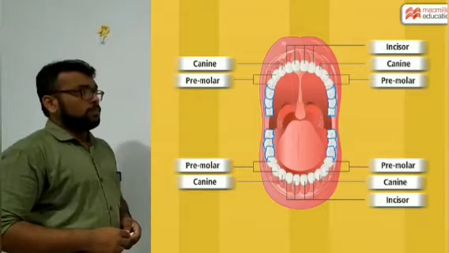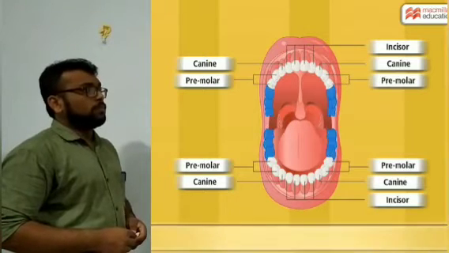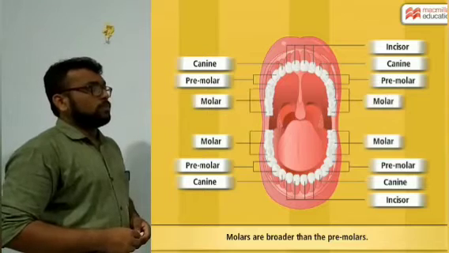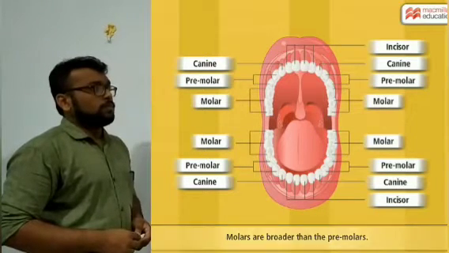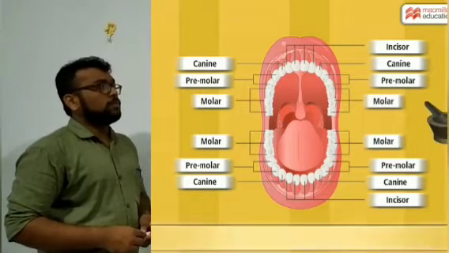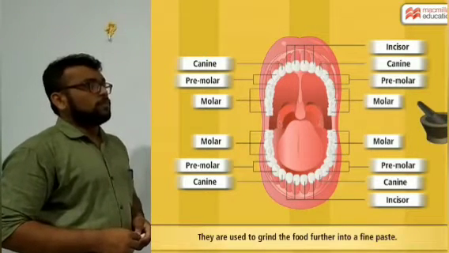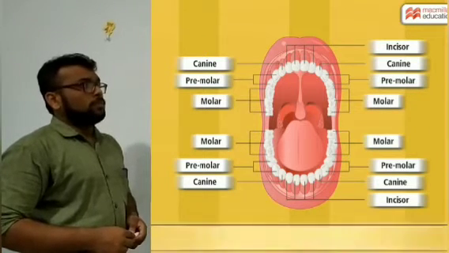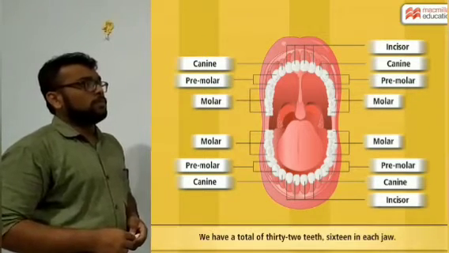On both sides of each jaw, the last 3 teeth are broader than the premolars. These are called molars. Their function is similar to the premolars, but they are used to grind the food further into a fine paste. We have in total 32 teeth, 16 in each jaw.